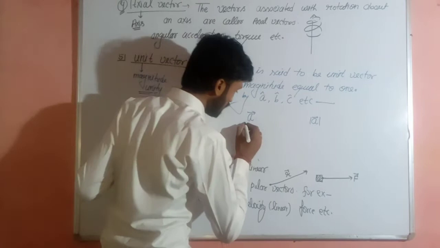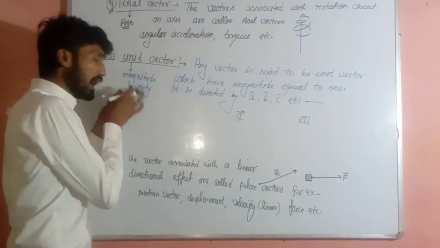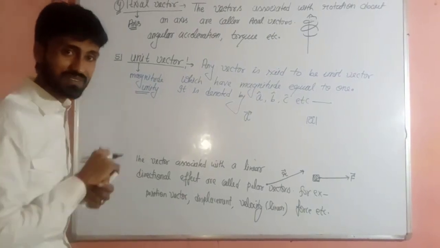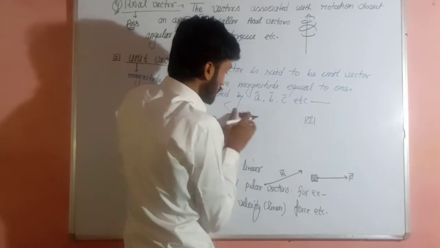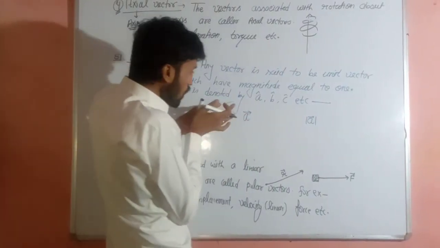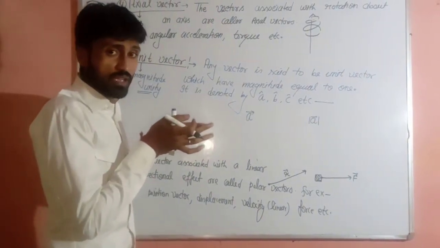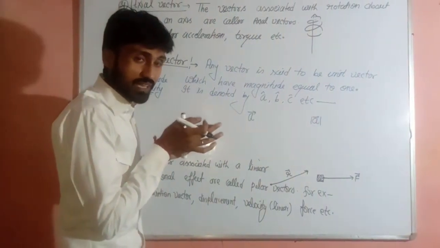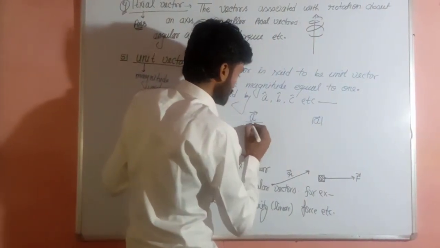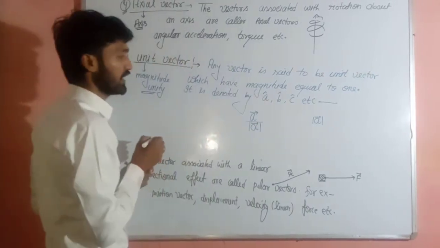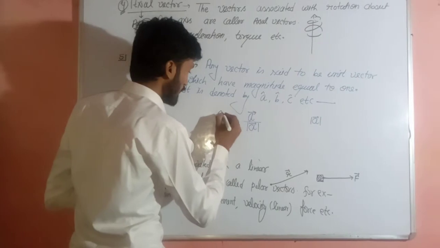Now we want to define a unit vector. A unit vector also has direction, but its magnitude is 1. So if we divide this vector by mod A, then the magnitude of this vector will be equal to 1, and this vector is denoted by A cap.